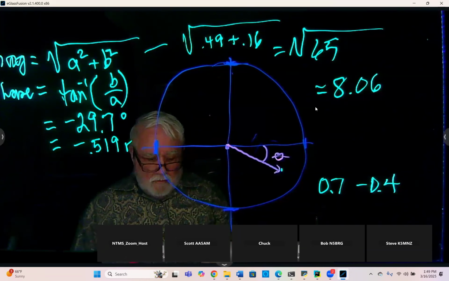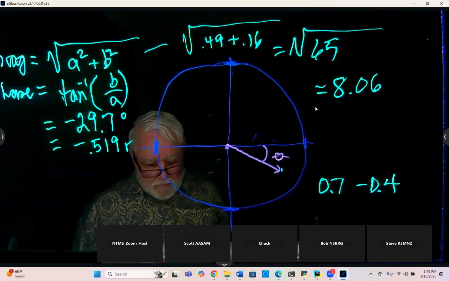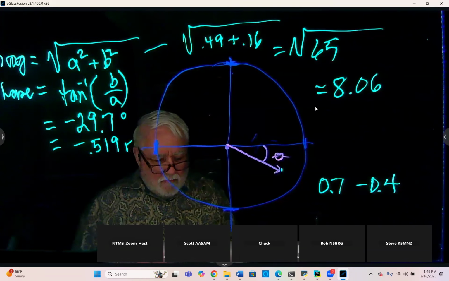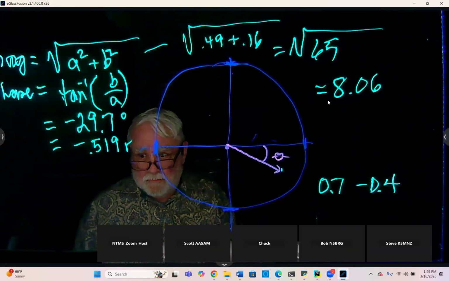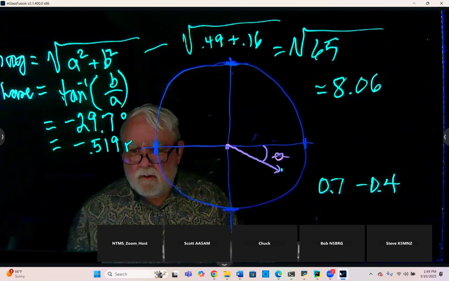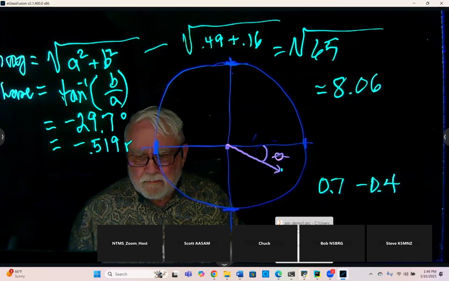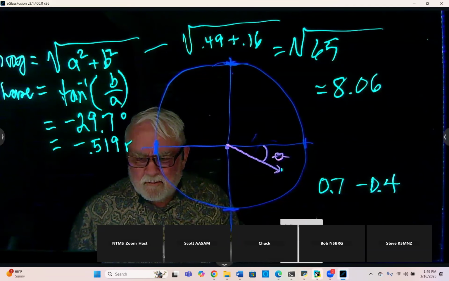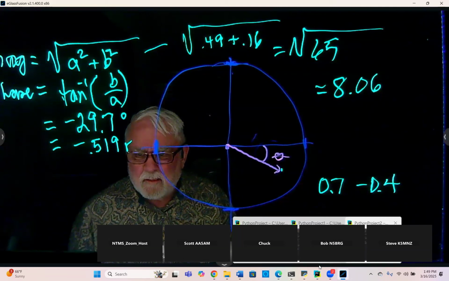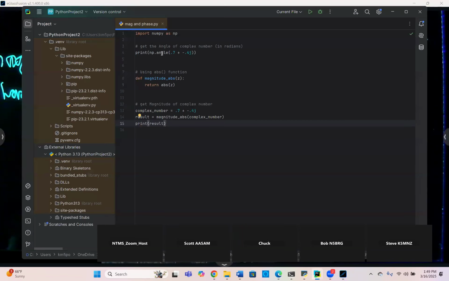Okay, why am I doing that? Well, there's more to come. So I want to show you a couple other ways you can get this rather than going through all that pain. If you have Python, I just wrote it out like this. So import numpy, and then there's an angle.